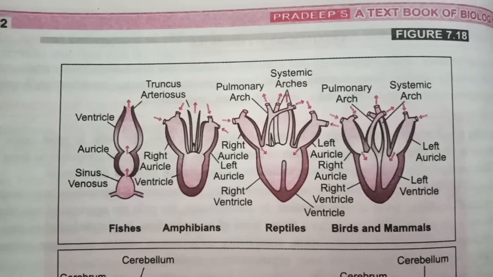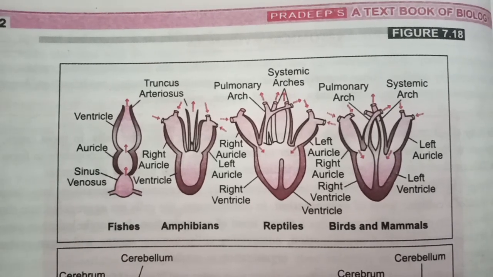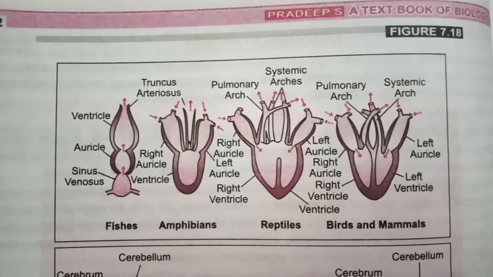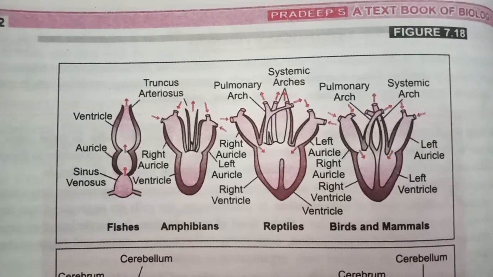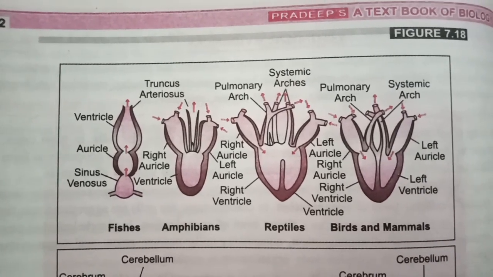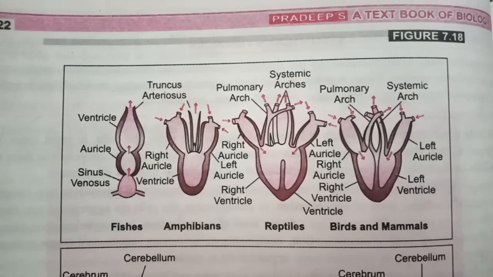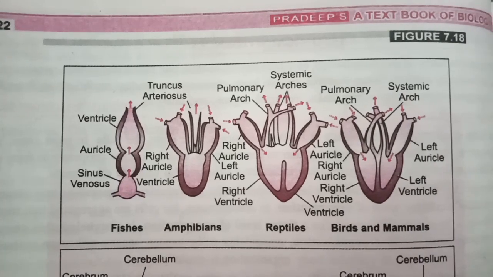Because of this incomplete partition, mixed blood is circulated. But in birds and mammals, double circulation occurs, meaning oxygenated and deoxygenated blood are fully separated.